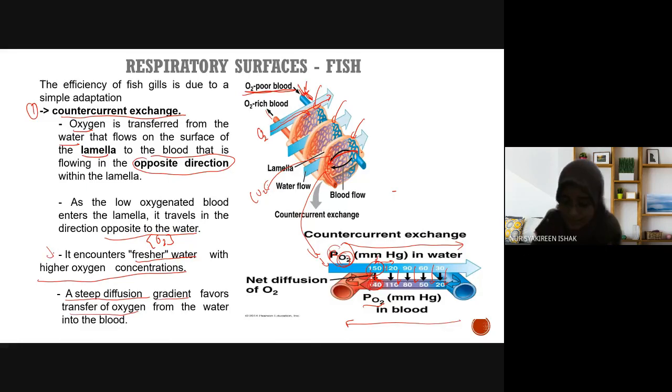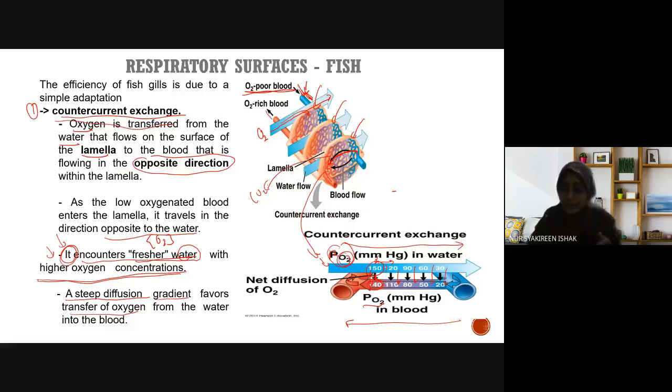So that's why it says here, referring to the blood flow in the blood capillaries: the blood encounters water that carries an oxygen concentration much higher than the oxygen concentration in the blood. So that is countercurrent exchange. That's why fish depend on countercurrent exchange.